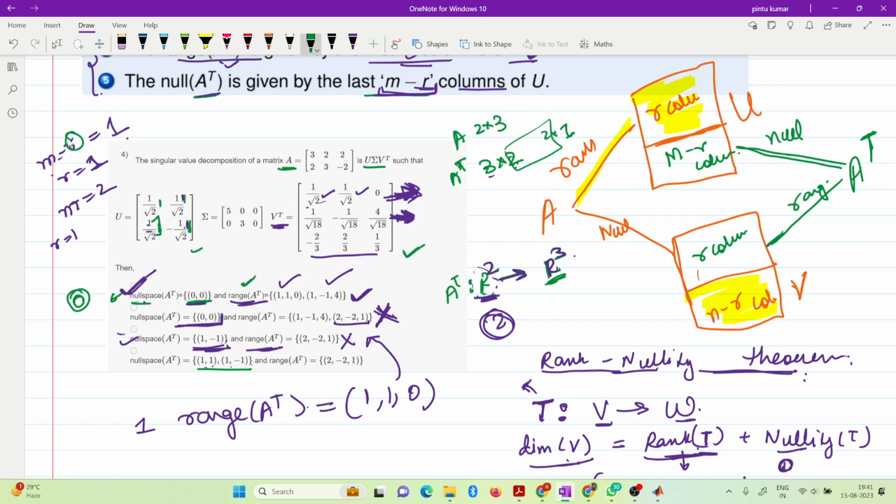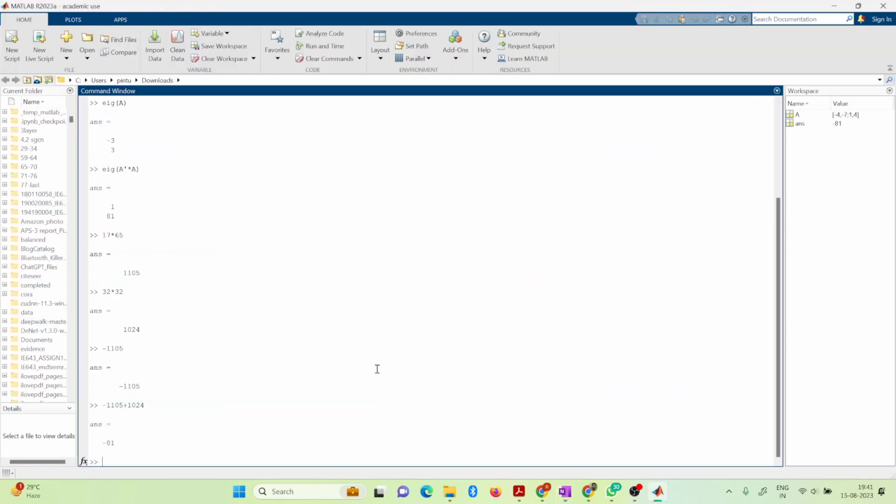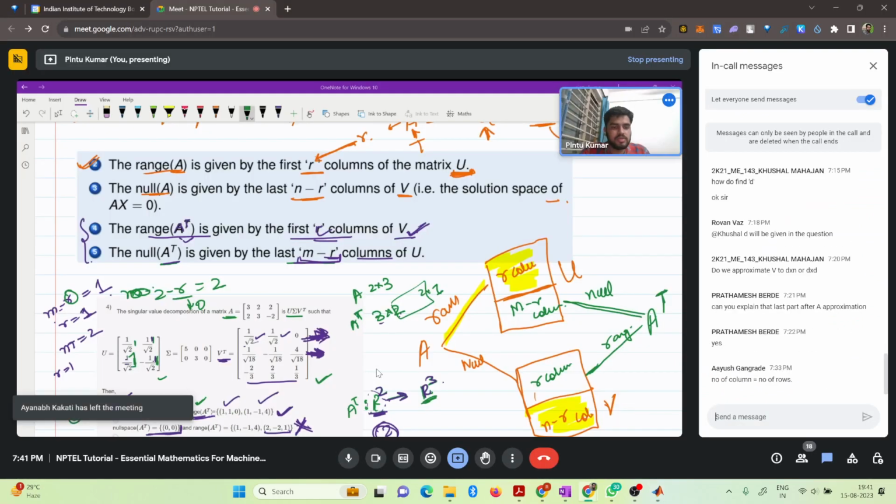So what is the value of R? Now M is 2, so 2 minus R is 2. So R is 0. So my range space should have 0 elements. It should have no elements. Okay, so this option is also incorrect. Okay, any doubt in this? I would be happy to answer.